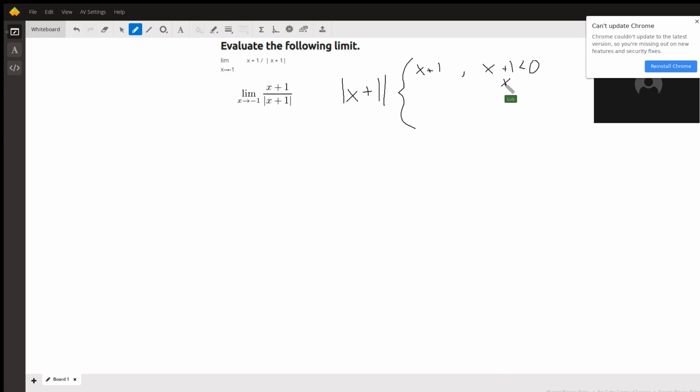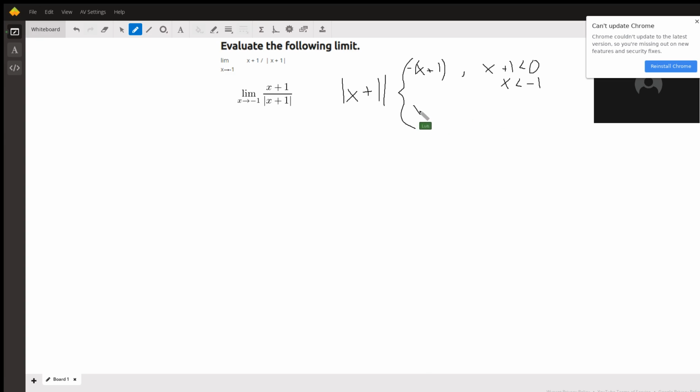So that's when x is less than -1. So we want to make this positive, so we're just going to make this whole thing negative. So we're getting the numbers from the left side of -1.